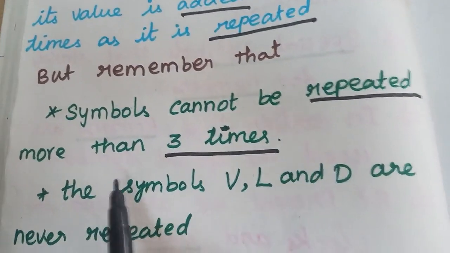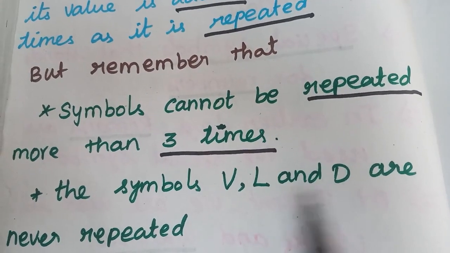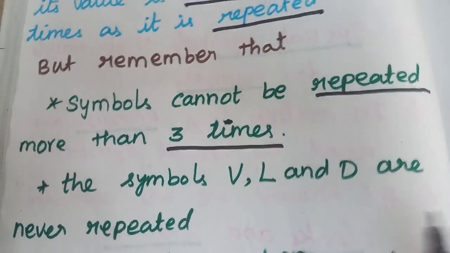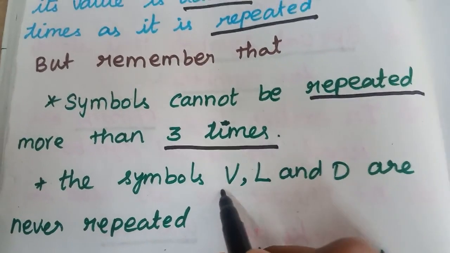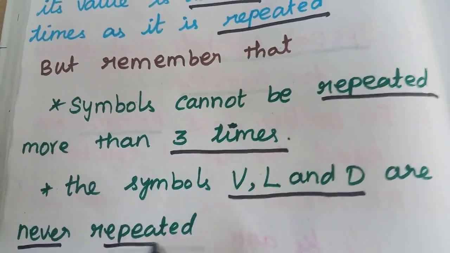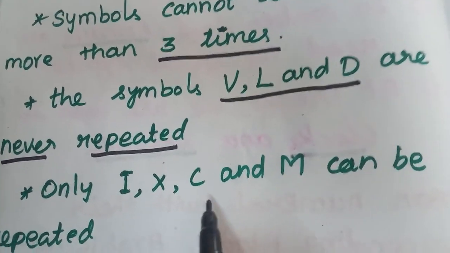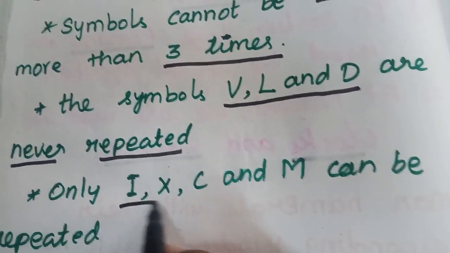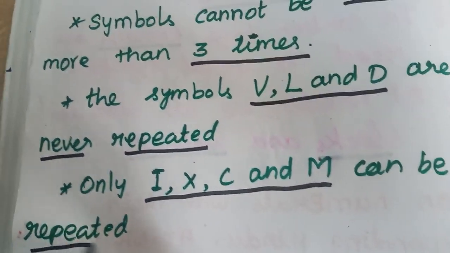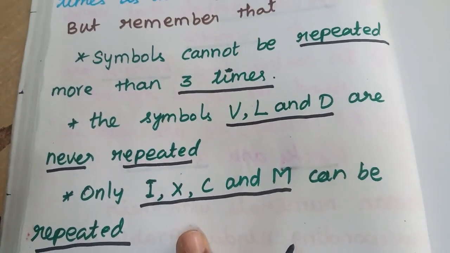Second, the symbols V, L and D are never repeated. These 3 symbols are never repeated. Only I, X, C and M can be repeated, but up to 3 times only. So you have to keep these points in mind.